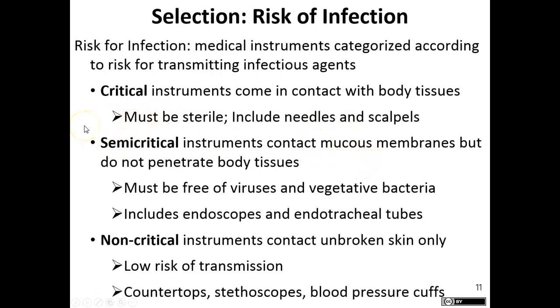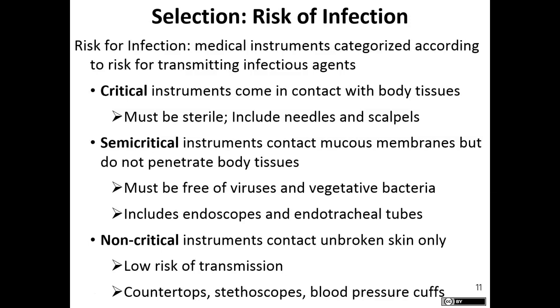And then the risk of infection. So what this is looking at is, if it's something that is a critical risk for infection, you need to have it sterilized. If it's semi-critical, then you still want to make sure that it is sterile. It's not as at risk, but you're definitely not going to use the same endoscope on 2 people.